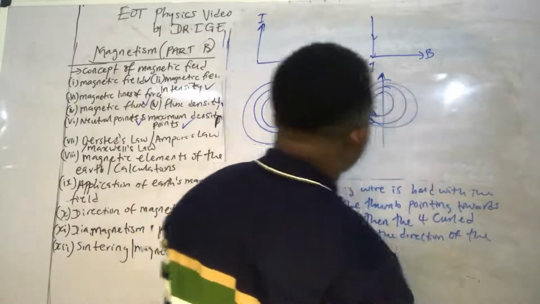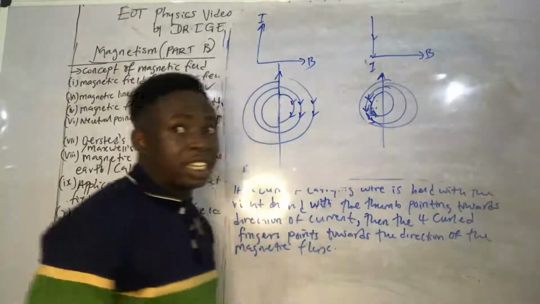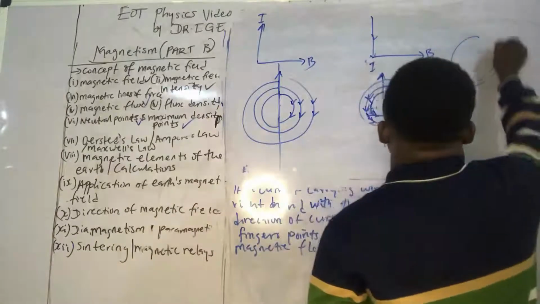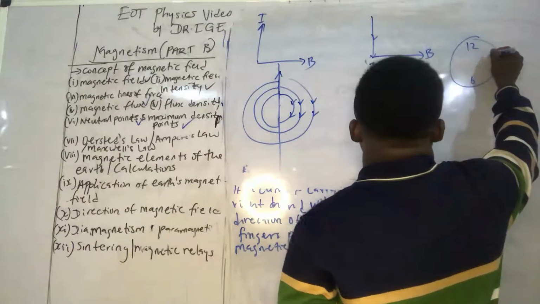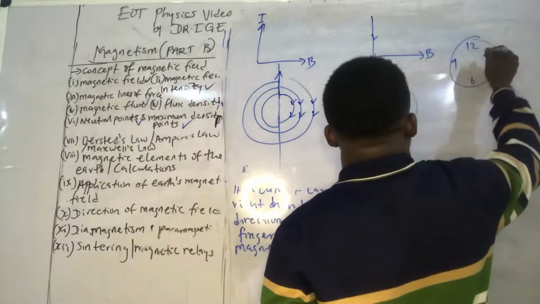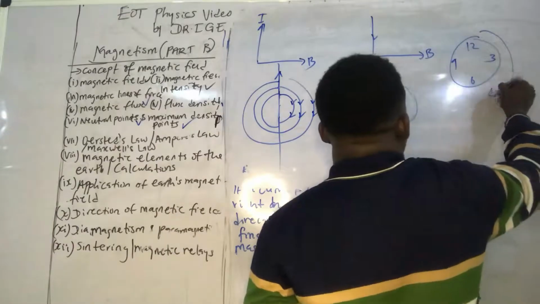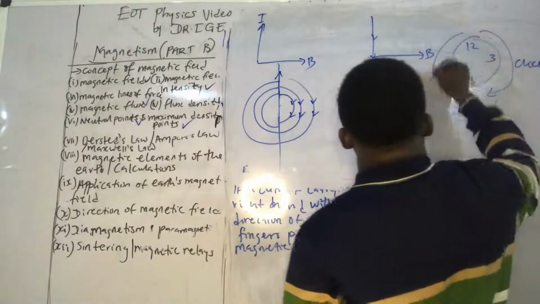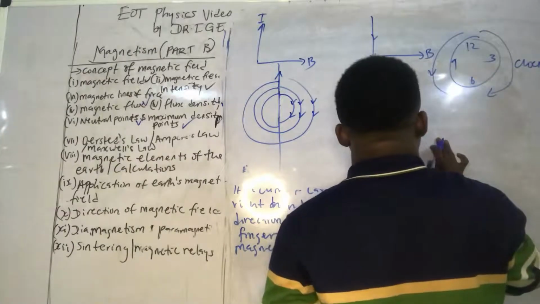One thing I want you to understand is that the direction will follow the clock direction. If this is a clock, this is 12, 6, 3, and 9. This is clockwise, and this is anti-clockwise.